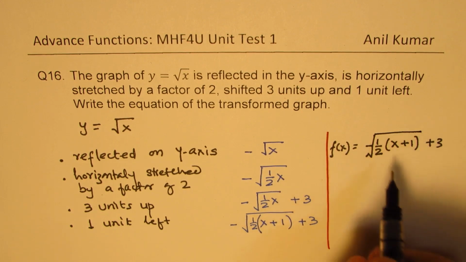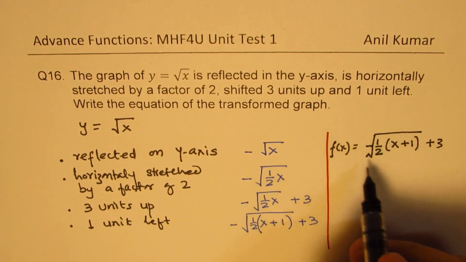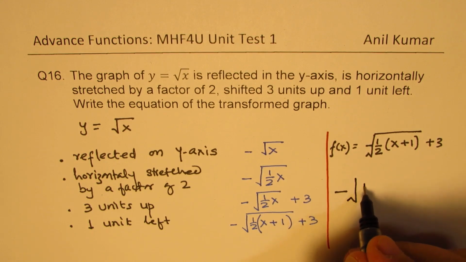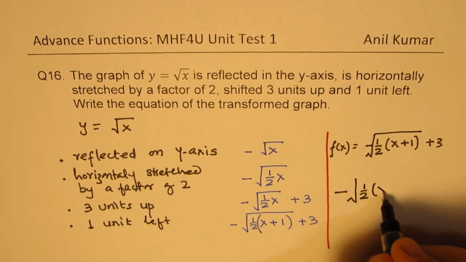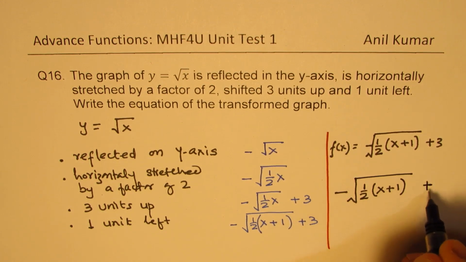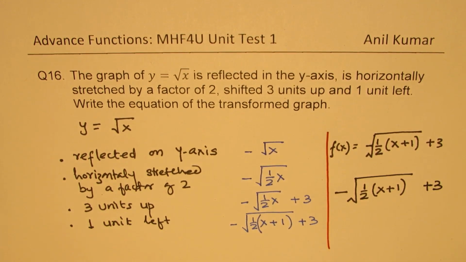This portion is within the square root, right? So this is negative, right? So let me rewrite. So it is minus square root of half of x plus 1, plus 3. Correct? So that is how you get your transformed function. So I hope it makes sense.